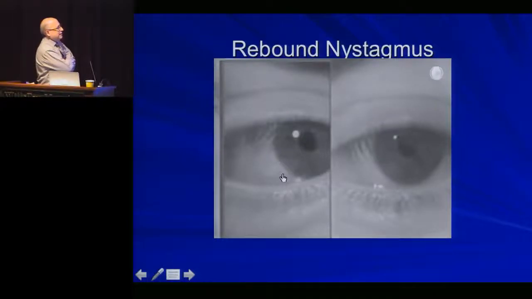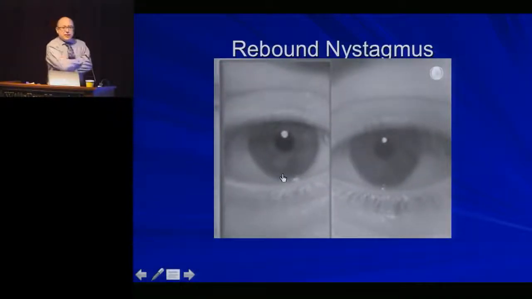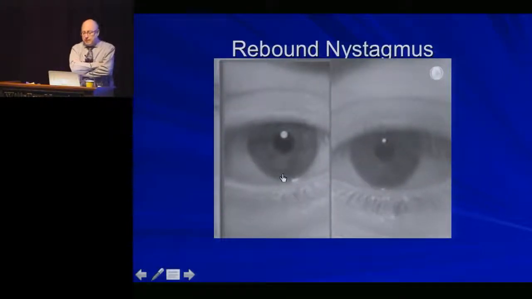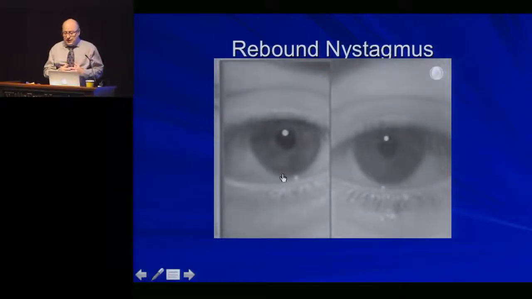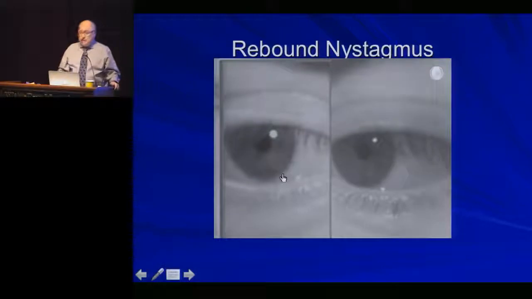It'll beat to the right. So wherever it was laterally, it reverses when you come back. That's a definite disease in cerebellar systems. Cerebellar degeneration, focal lesions of the cerebellum.